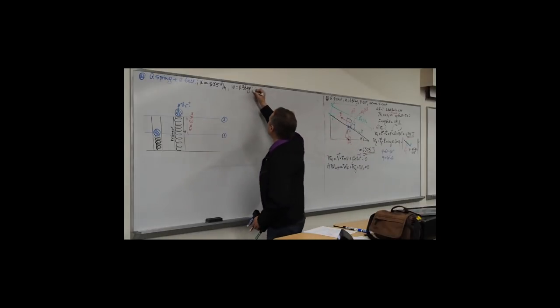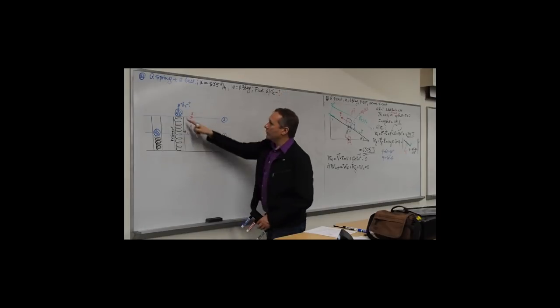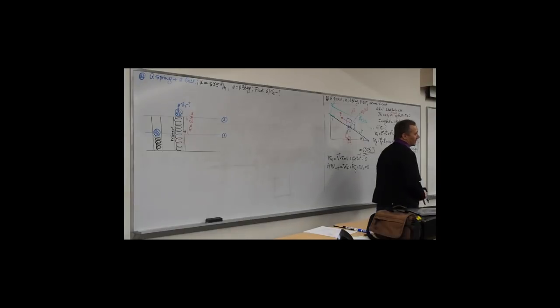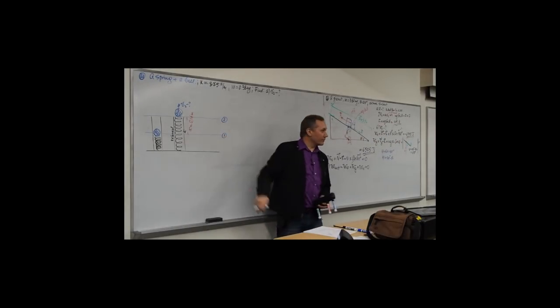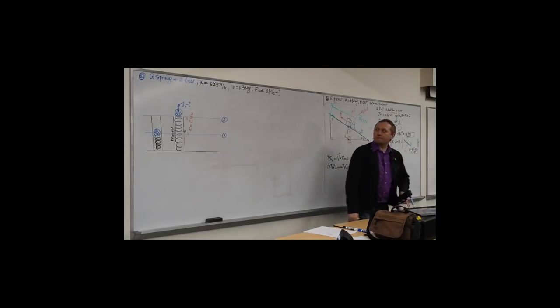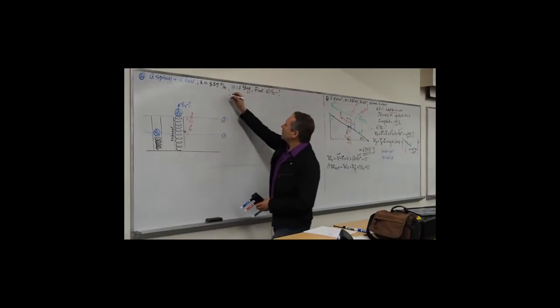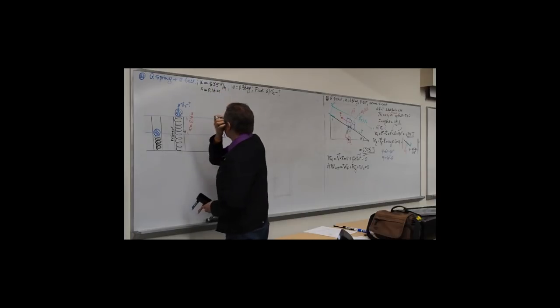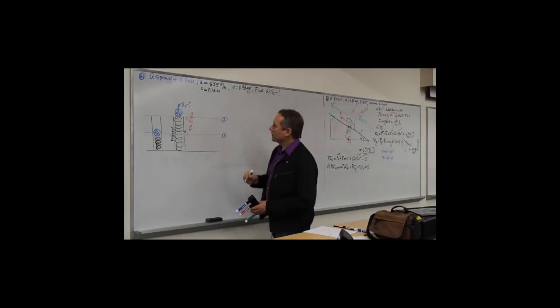So what do we need to find? In part A, velocity v2, when it is about to leave the spring. Let me add here, x equals 0.16 meters.